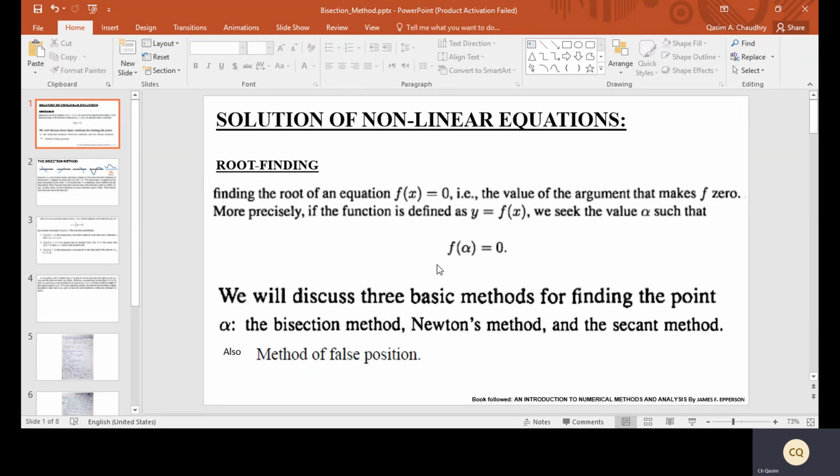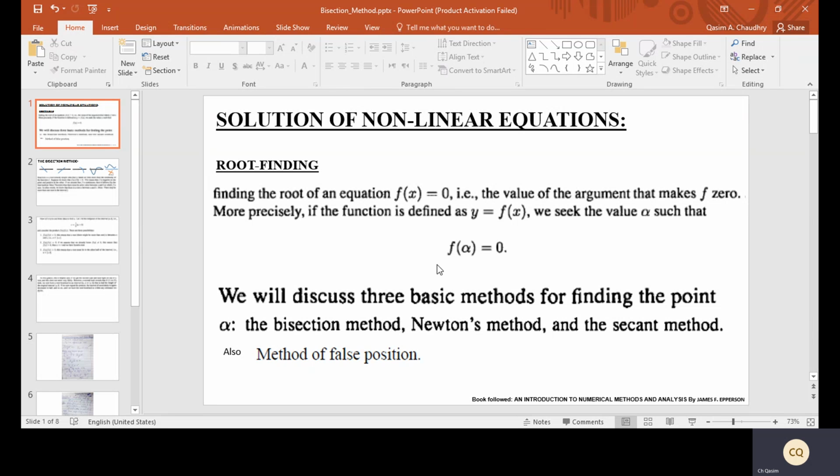Now this is the first main section of your course, and it talks about the solution of the nonlinear equation. Here we will mainly discuss four methods. The first one is the bisection method, and then we will talk about Newton's method, the secant method and the method of false position.